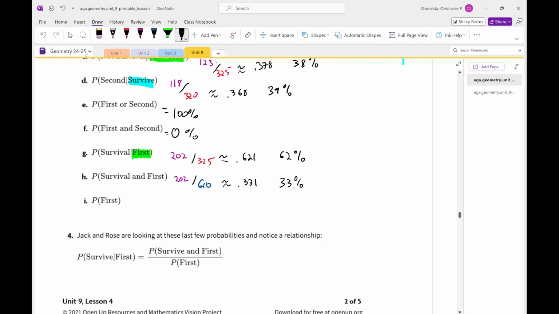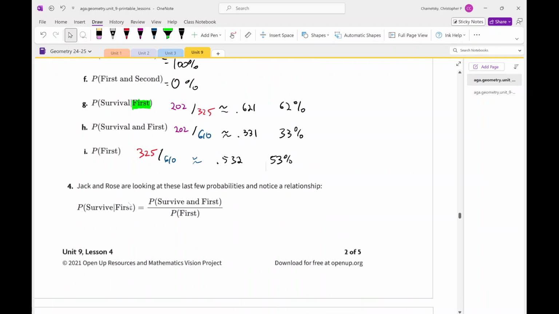And the probability of just being in first class, well, that's our total first class, 325 out of 610, which is approximately 0.532 or 52 or 53%. Okay.